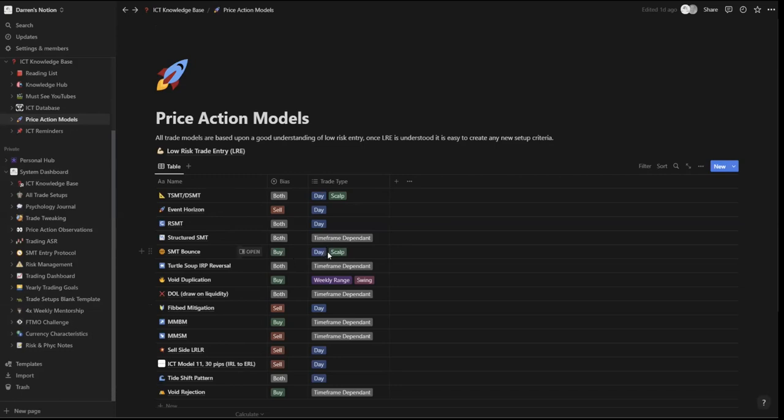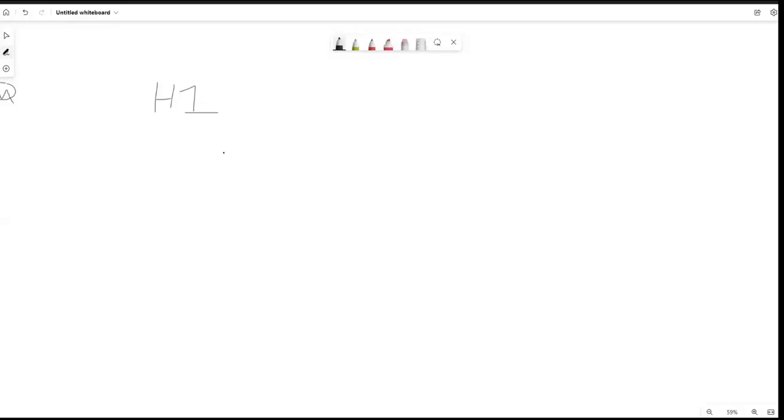It's really just dependent on if you're willing to hold it, or just want to be quick in and quick out. Also, with all my setups, most of them don't have large stop losses, unless you're trading something based off of a higher time frame. But this is the SMT bounce that I'm going to show you now, and it's really, really simple. All you're going to need is a 1 hour chart.